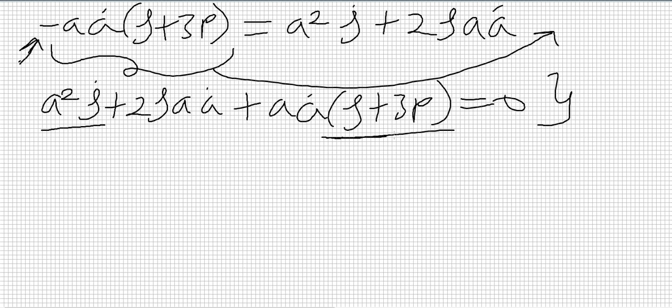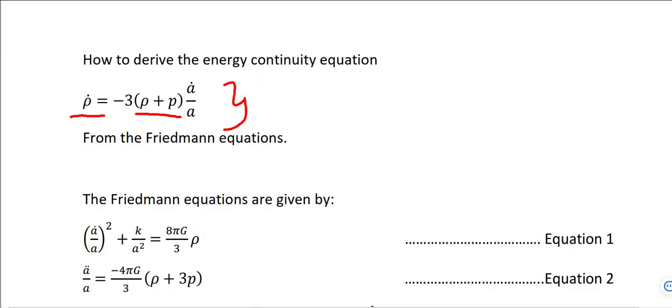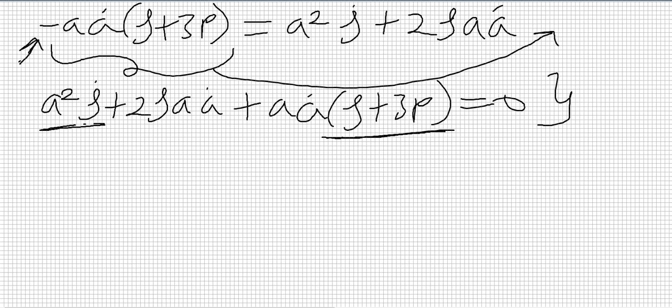Now looking at the term in brackets, we cannot get much hint on how to proceed, but looking at this rho dot term, we can see that it has an a squared in it, meanwhile the one here is independent of a squared. So obviously, the next hint on how to proceed to make this equation look more like the final equation is that we need to divide all through by a squared.